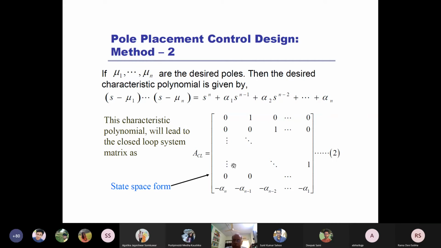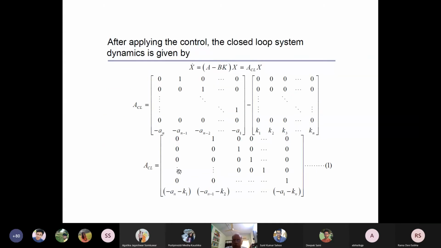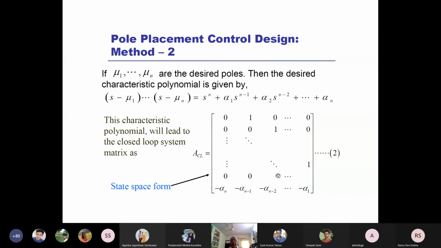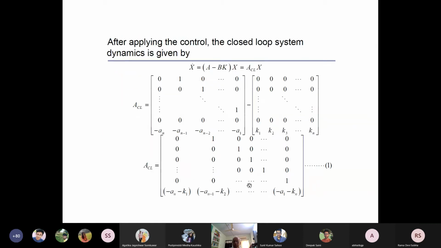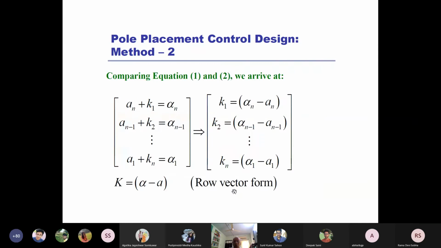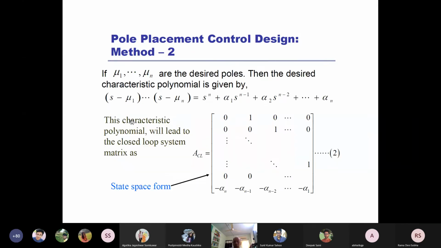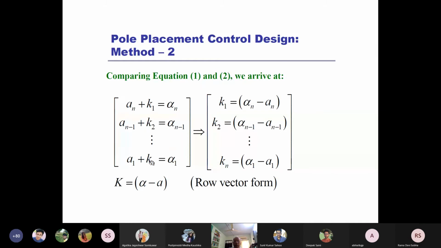So I equate this ACL with this ACL. Now if we equate them, then alpha n, alpha n minus 1 and all these values are the same as minus a_n minus k1, minus a_(n-1) minus k2, and so on. Then I will get these values.